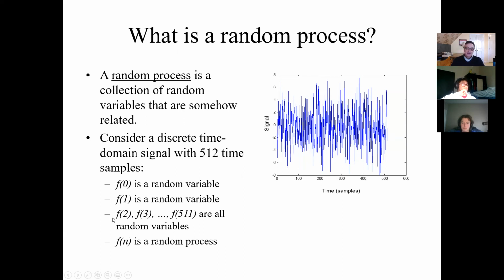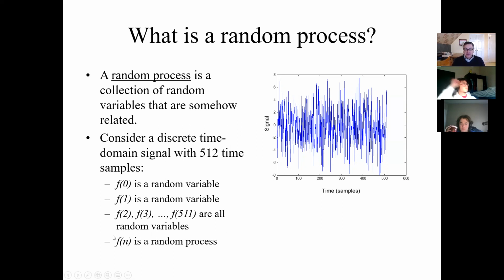And so we could say each individual one is a random variable, and that's that, right? But that kind of misses out on a lot of information that we could have about their relationships over time. We're putting all of these random variables in the context of a signal that was all measured together, right?